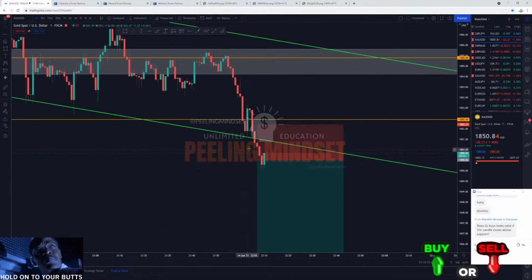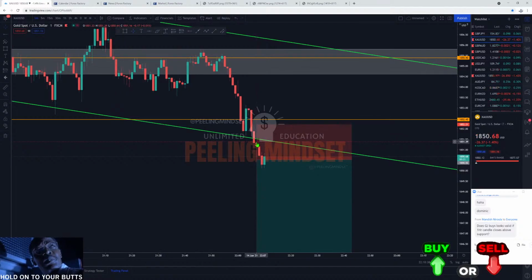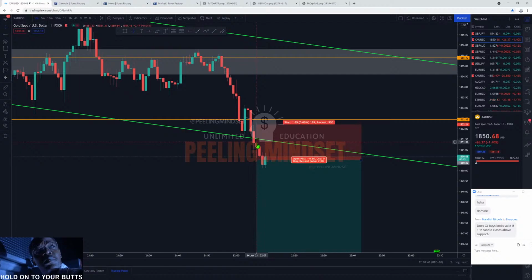If the price starts heading up near this open price, near this high of the third bearish 1-minute candle on the left hand side, I'm going to close at least some percentage. Let's see what's going to happen.